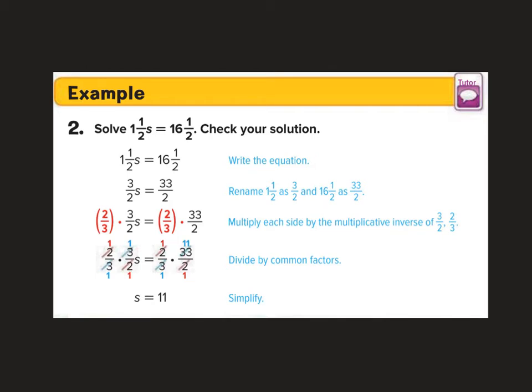Now to check our solution, all we would need to do is take our original equation, which is 1 1/2 s equals 16 1/2. We plug in our value 11 for s, then we have to convert 1 1/2 back into a fraction, so that becomes 3 over 2.